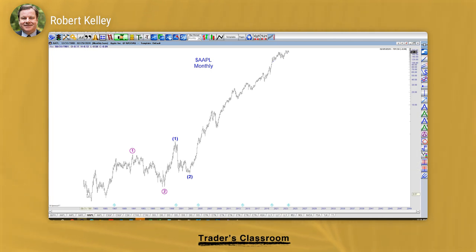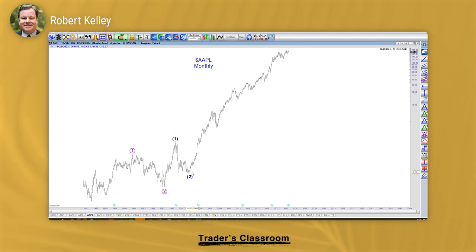But from here, this looks like a leading diagonal 1, because you've got overlap there. 1, 2, and then that's another 1, 2, because obviously it's overlapping and it's not long, so it has to be another 1, 2. And clearly that is indicative of wave 3 of 3 action coming off that low.